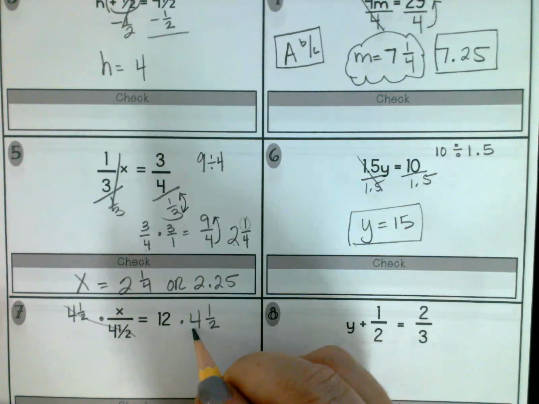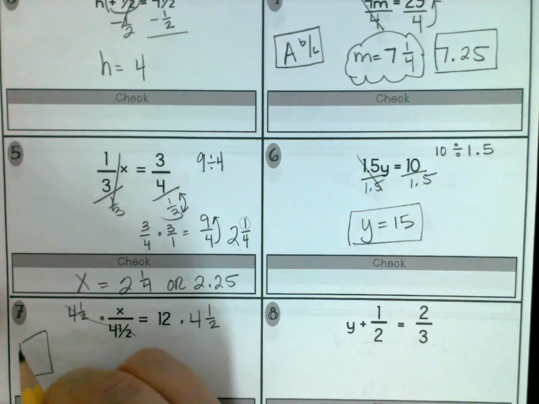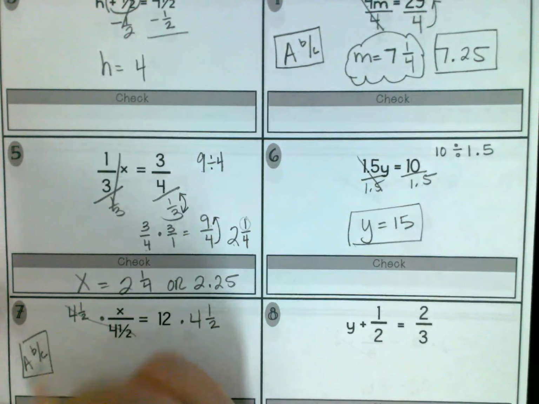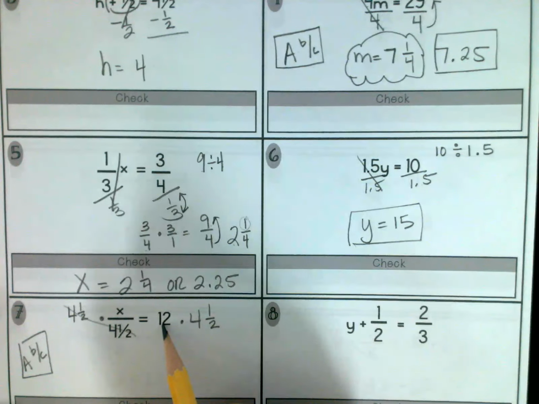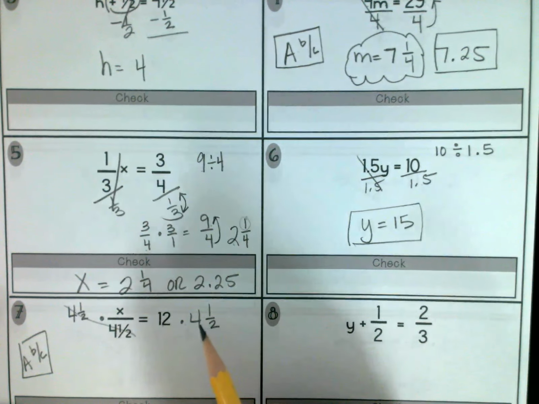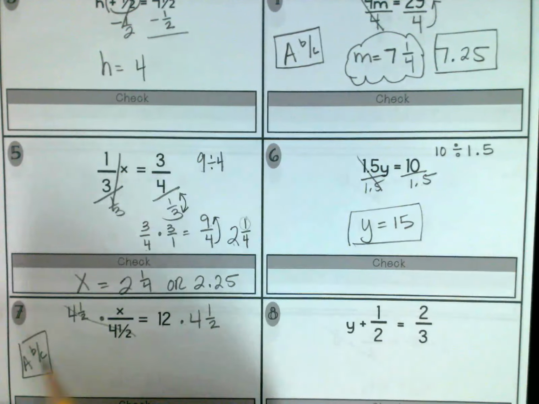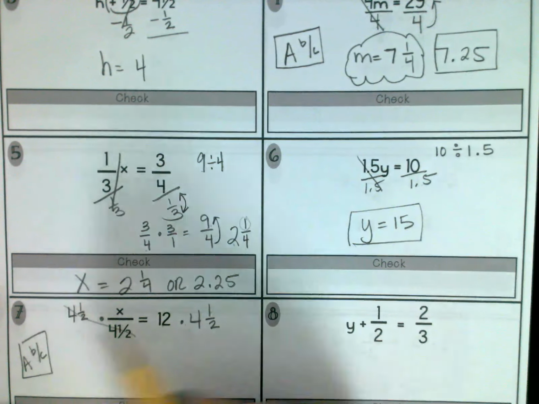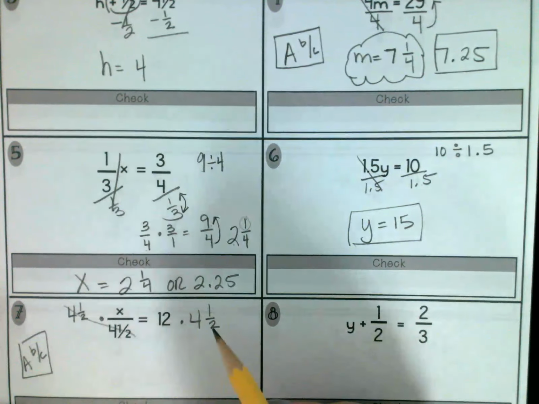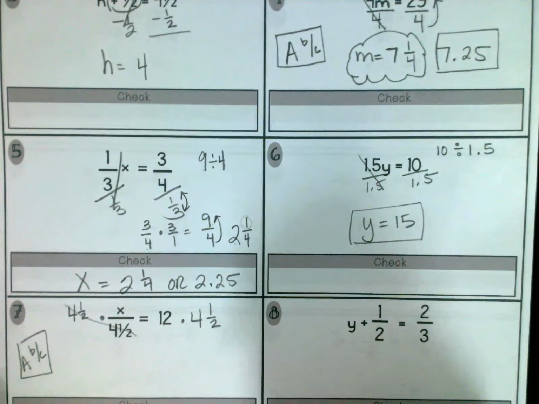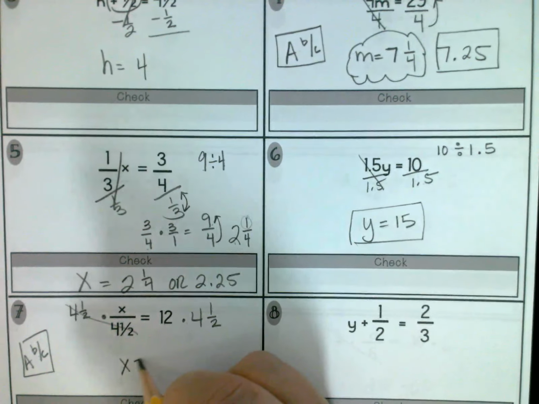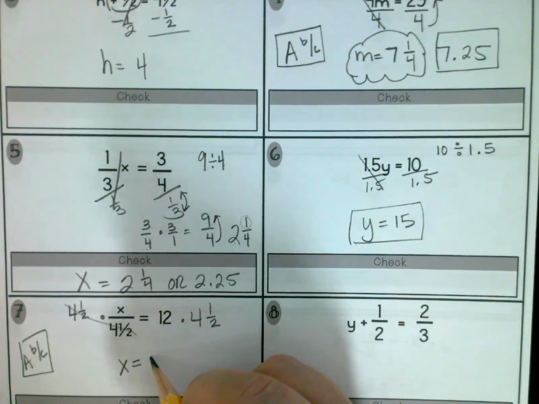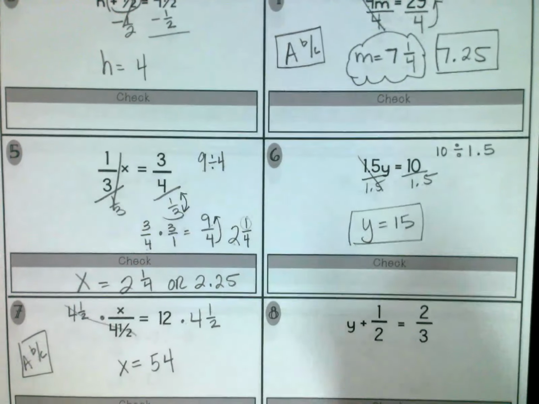You could also use your calculator, that awesome ABC key. I would enter 12 times 4 ABC 1 ABC 2. I'll say that again. 12 times 4 ABC 1 ABC 2. When you are done, you would end at 54.